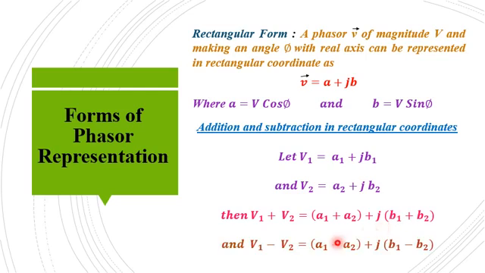Similarly, for subtracting two phasors, subtract the corresponding real parts as well as subtract the imaginary parts. That means V1 minus V2 will be equal to (A1 minus A2) plus j times (B1 minus B2).